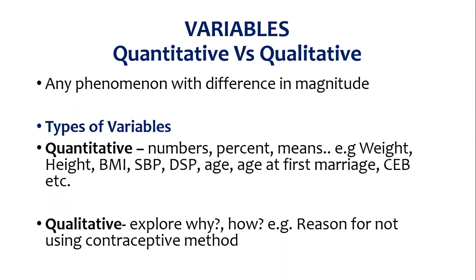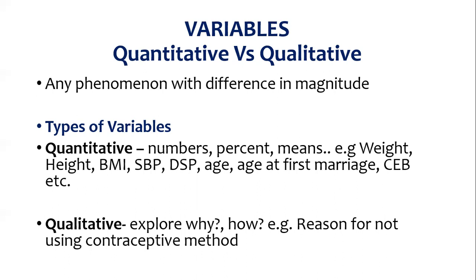So height is a variable. My age is not necessarily your age. So if you look at the age of you that are listening to me and my age, there's variation. So a variable is something that has difference in magnitude. You can assign different values to it.